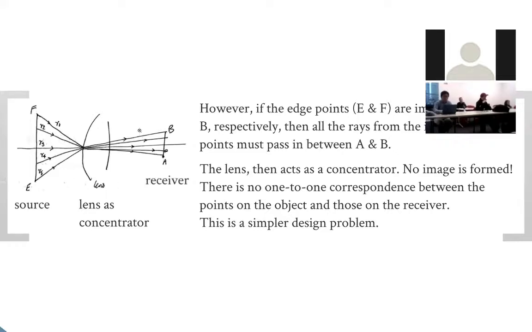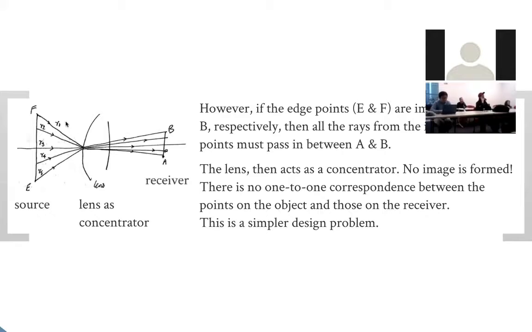Then we can postulate that if I pick any point in between here, and draw a ray, which is what's shown here, that ray has to end up somewhere in between A and B. Okay, we don't know exactly where it'll be, but we can say it'll be between A and B. In other words, it'll be in the region of the receiver. All the rays from the intermediate points must pass in between A and B.